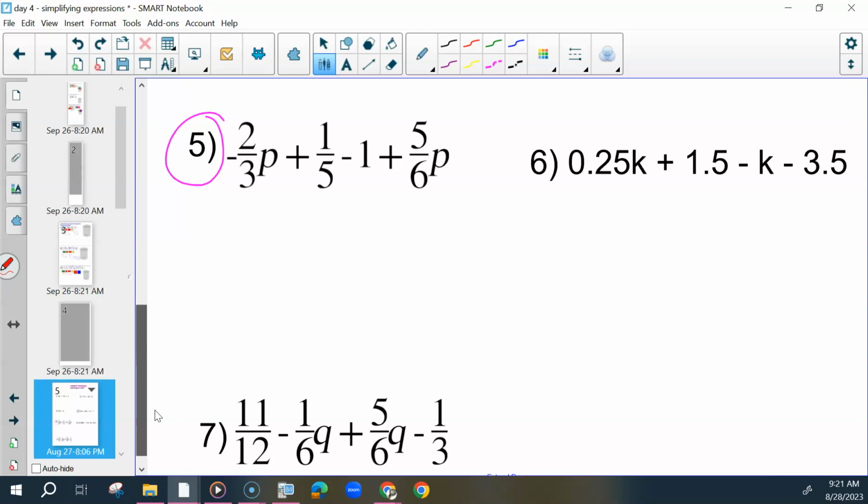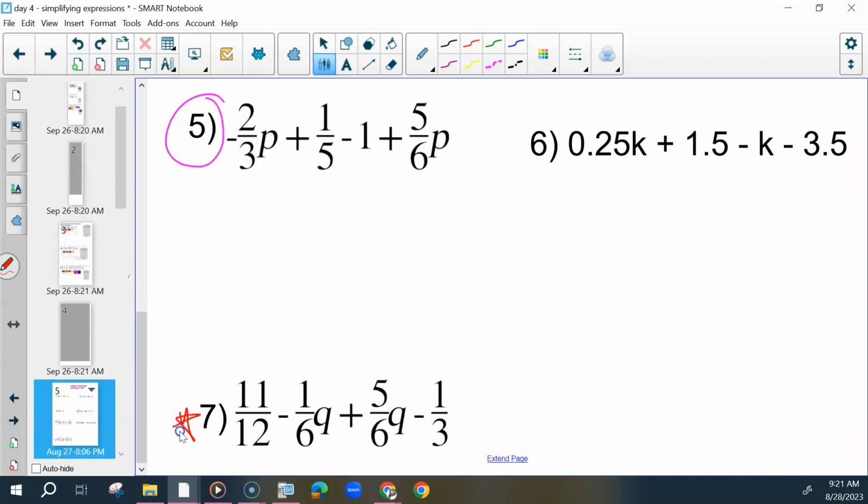Any that look complex, any you want to do together, you have questions on. 7. So that means you won't do 5. Any others? Okay. Any others?